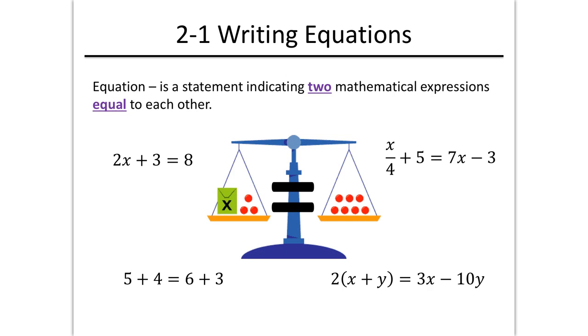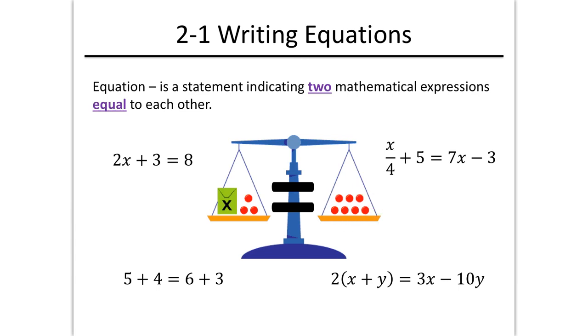Now, I have the picture of red balls on the right side of the balance scale, and on the left side we have 3 balls, and then we have a green bag, and we have a variable x. So the way the equation works is when we have an expression or some numbers on one side of the scale, this weight has to equal the other side of the scale.